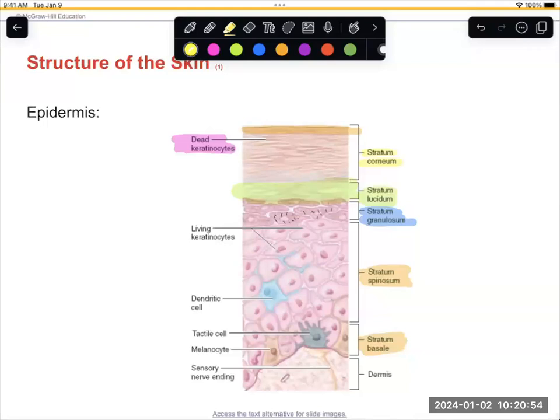We have other types of cells in our skin as well. Melanocytes produce melanin. These cells make your skin color. The melanin that these cells make absorbs UV light, because that UV light from the sun can damage your cells' DNA.